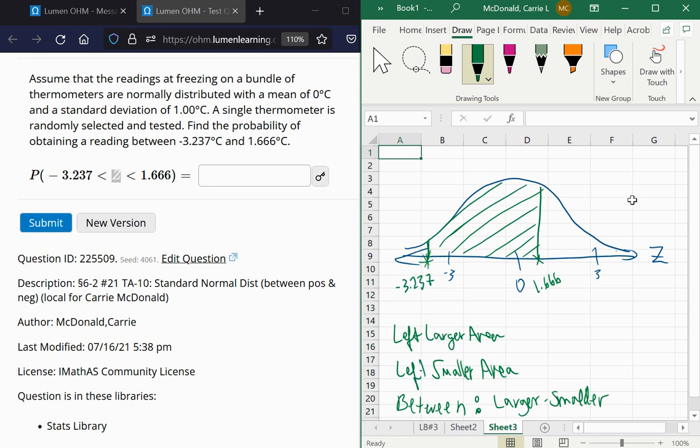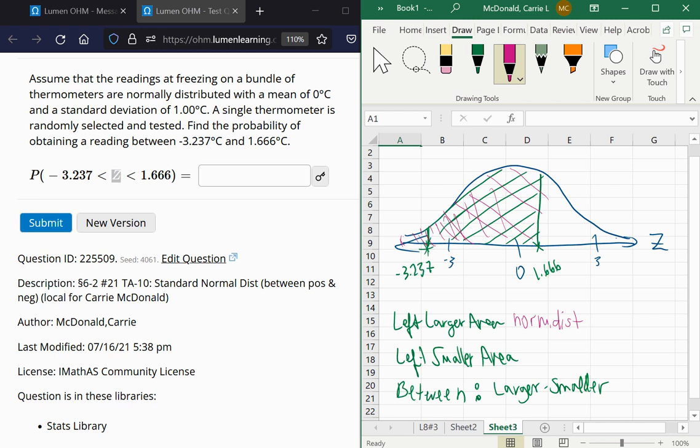So I'm first looking for the larger left area, which is going to come all the way from over here, all the way back towards infinity. And to find that, I'll do norm.dist, and then I'm going to put in my boundary of 1.66, then the mean of 0 and the standard deviation of 1, and true for cumulative. And I'm going to do that for the smaller area, but I guess we'll do one at a time here. Okay.